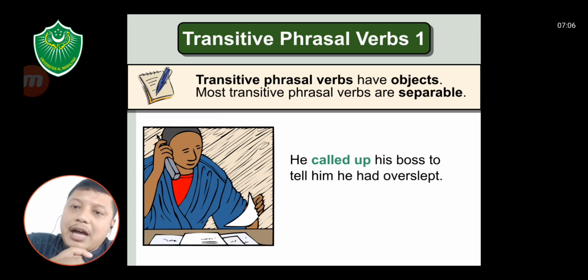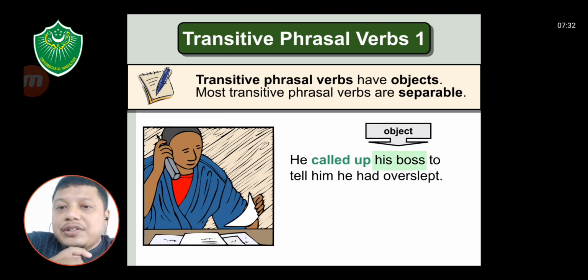It literally means phoned the boss to tell him he had overslept. It needs the object. Transitive means it needs an object. Who is the object here? The boss. Who is the subject here? He. And call up is the transitive phrasal verb, right?